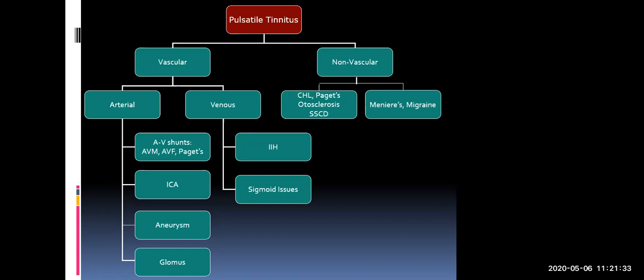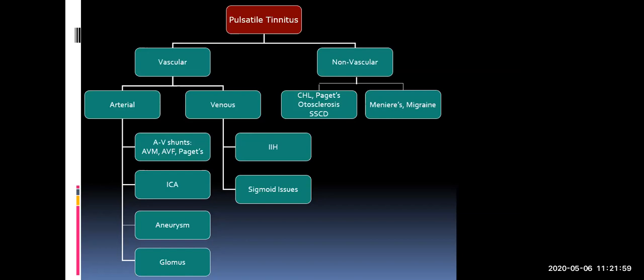And more often than not, on your very first or second study, you can identify the cause and rule out everything else. So in general, what you want to do with pulsatile tinnitus is think about it as, is this a vascular sound that the patient is hearing, or is it a non-vascular sound? There are quite a few conditions that are not related to vessels that can cause pulsatile tinnitus.